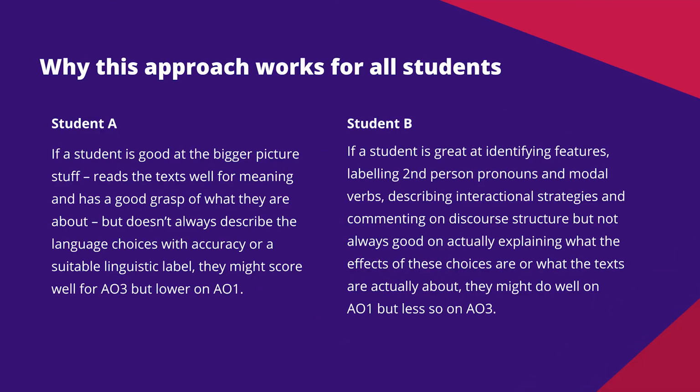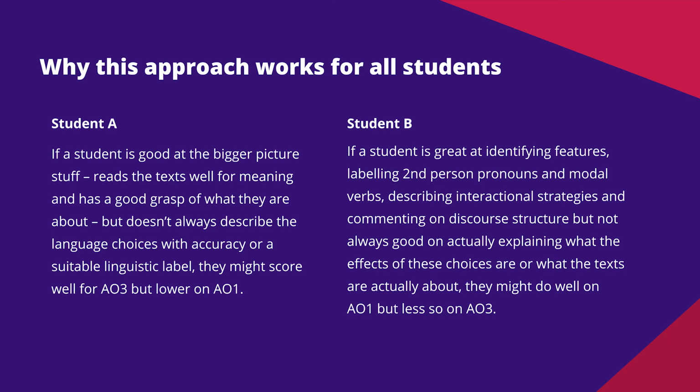So why does this work? Well, this approach works because it allows a teacher or examiner to separate the different strands of a student answer into the relevant AOs, and it works with the kinds of approach that students often take in answers like this. If a student is good at the bigger picture stuff, for example, reading the texts well for meaning, maybe they've got a good grasp of what they're about as well, but they don't always describe the language choices with accuracy or a suitable linguistic label, they might score well for AO3, but lower on AO1.